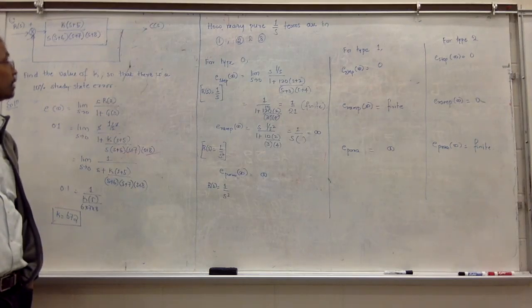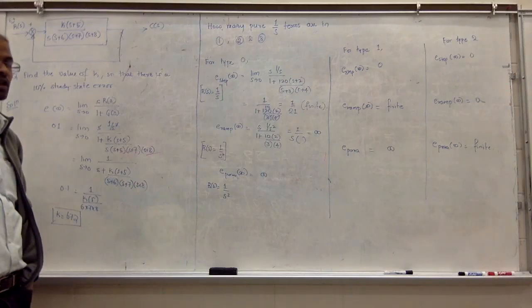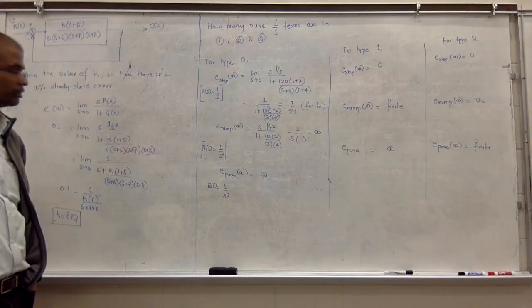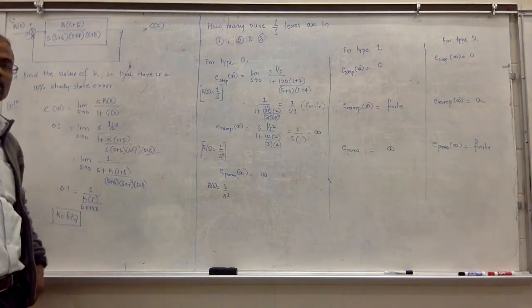Right? And what are the zeros? -5. So regardless of what poles and zeros are, if it's a type 1 system, the only finite input will be because of a ramp input. Okay? And this is how you calculate.